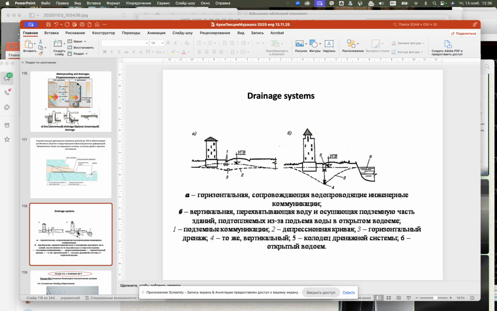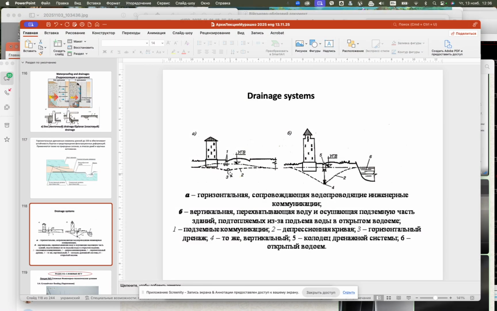Another type of drainage system I can also show you on this drawing. So here is a regular situation with the water table, and here we have a high level of water, which impacts the foundation of our building.